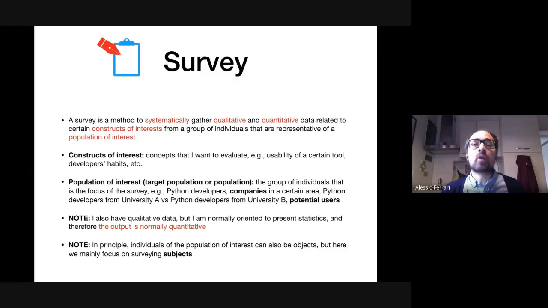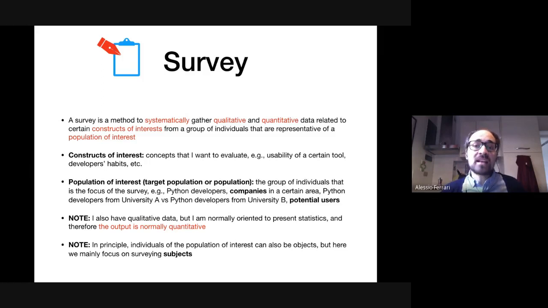Surveys are somewhat in between. Because first of all you can collect both quantitative and qualitative data, and whenever you collect qualitative data, you are most of the times oriented to do some frequency analysis, so some quantitative computation.